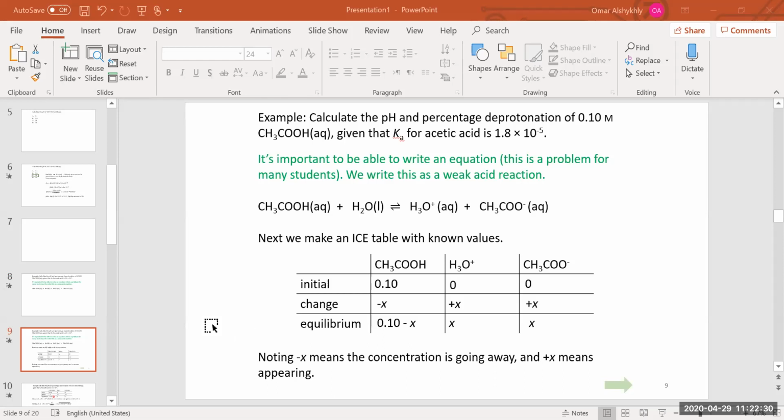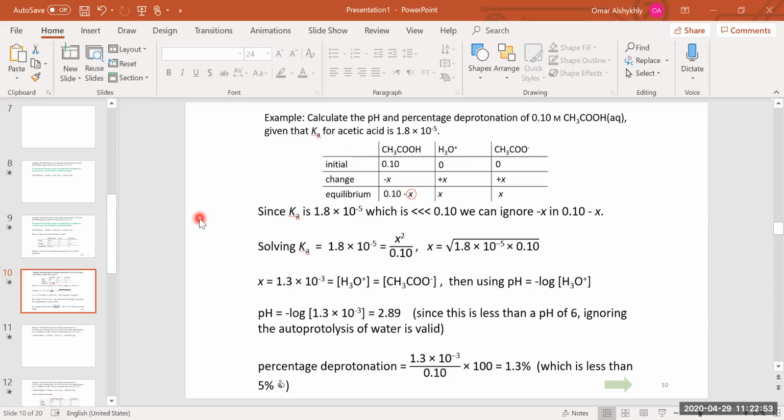So look here, that's what we did. Minus x, plus x, plus x. Notice minus x means the concentration is going away, and plus x means it is appearing. And here at equilibrium, x will equal this.